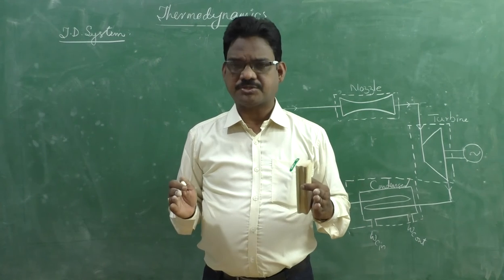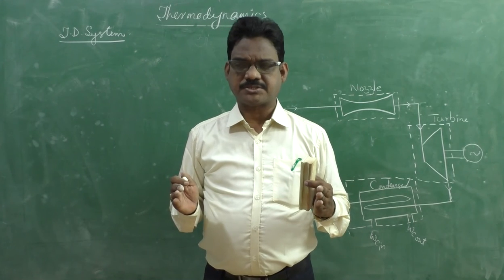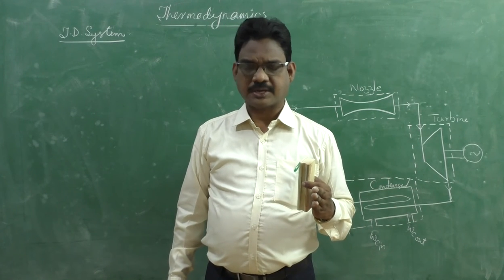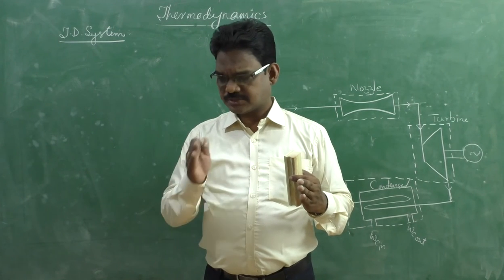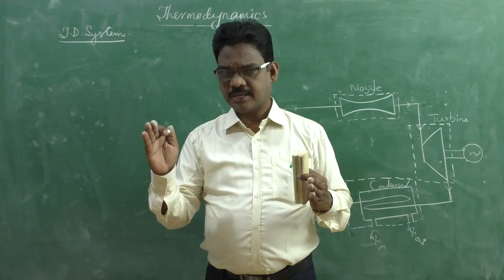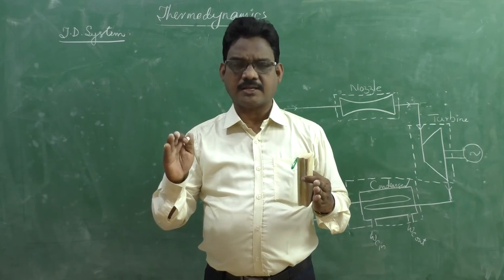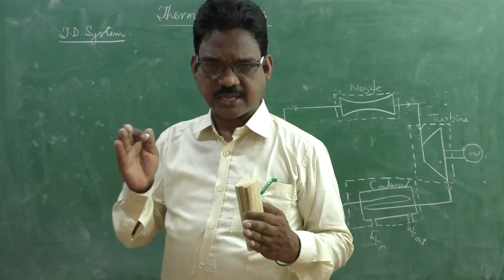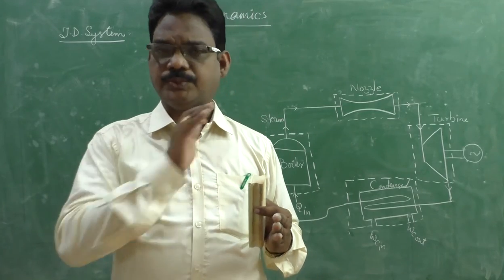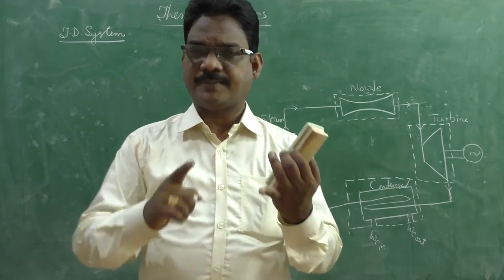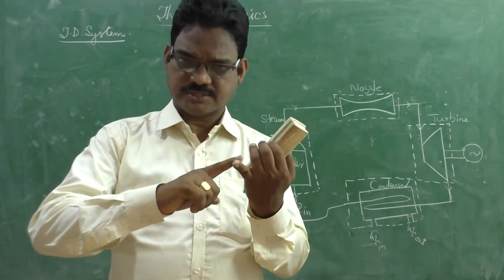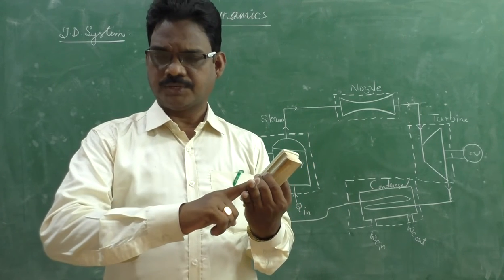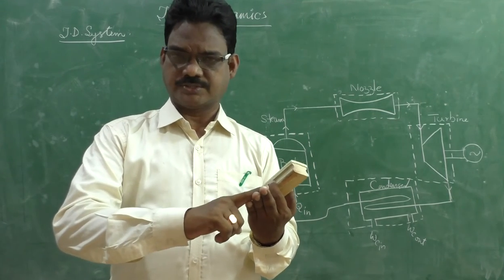The boundary of the system separates the system and the surroundings, right? And the system and surroundings collectively we can call the universe. Right? We have come across the definition of system, and the definitions of boundary and universe.